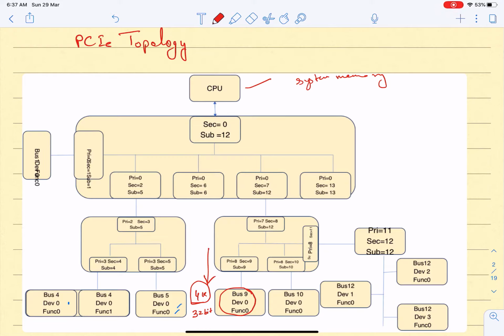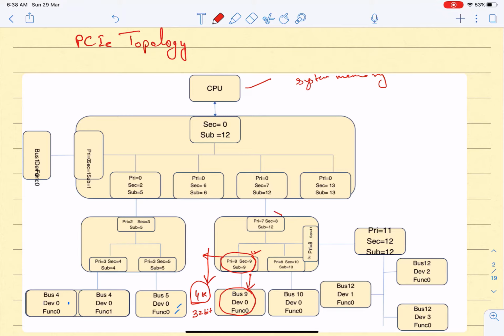Similarly, here we have this bridge device. This bridge device may have its own memory space. That memory again needs to be mapped in the system memory, and depending upon the memory of the devices which reside in its topology, the range of memory is configured in this configuration space.